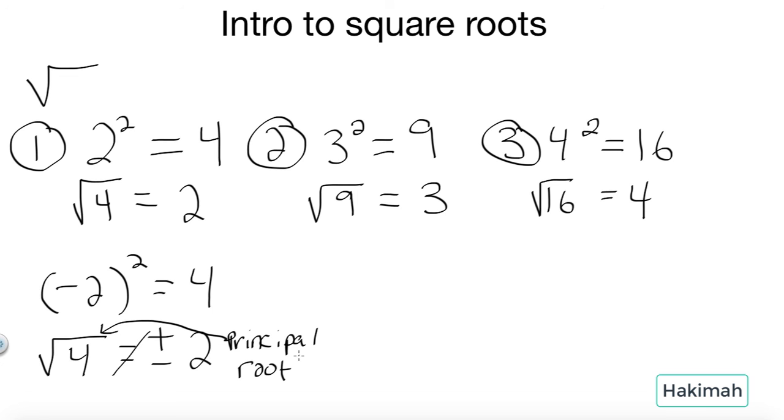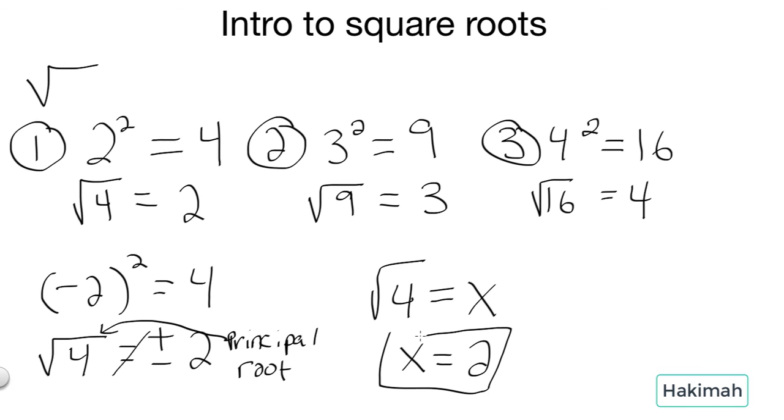I understand what you're thinking, but you have to understand that the square root of 4, when you're using the principal root, is only positive 2. So when we have the square root of 4 is equal to x, because this is the principal root, which means there is only one solution, that means x is only equal to 2. It is not equal to negative 2.